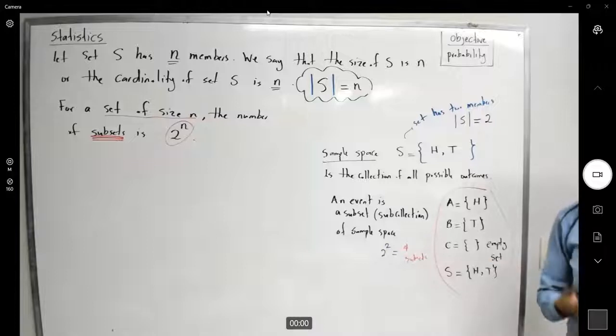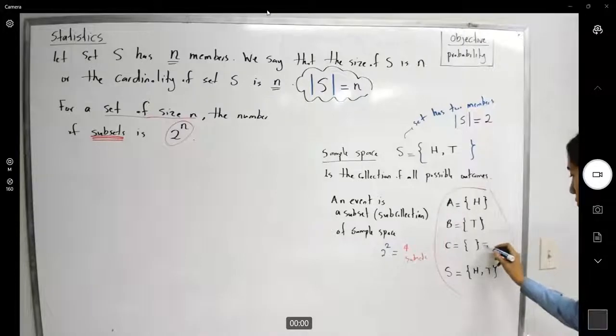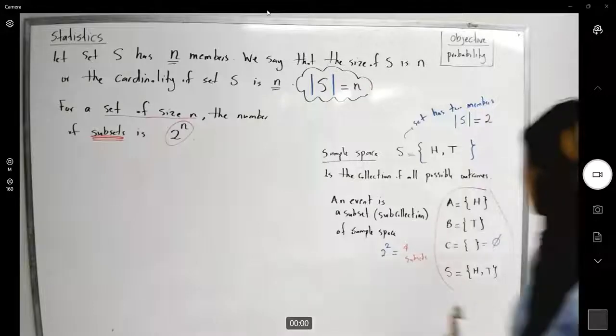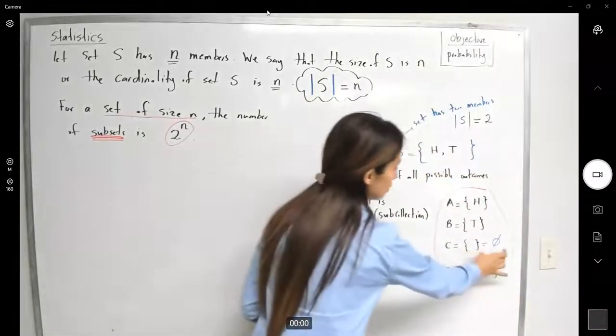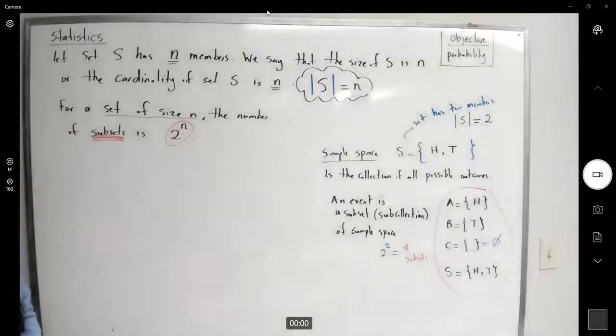The other one is the set itself. For the empty set, you might see this symbol as well, the zero with a slash on it. So for the empty set, you might see 2 different notations. But the empty set and the set itself are definitely subsets of the set as well.